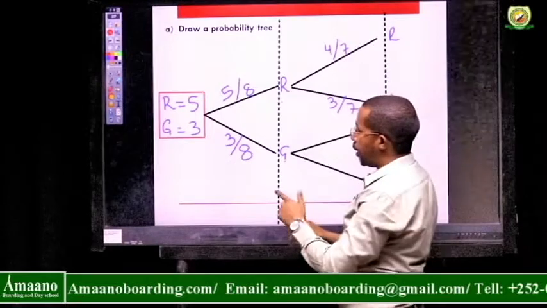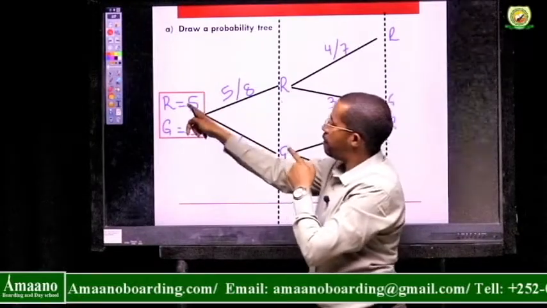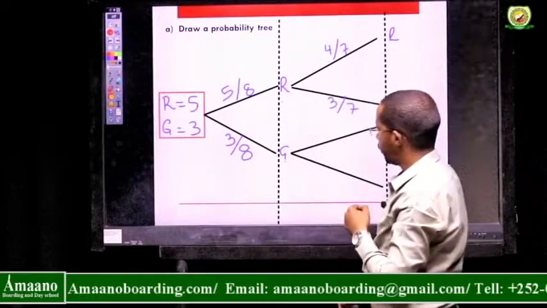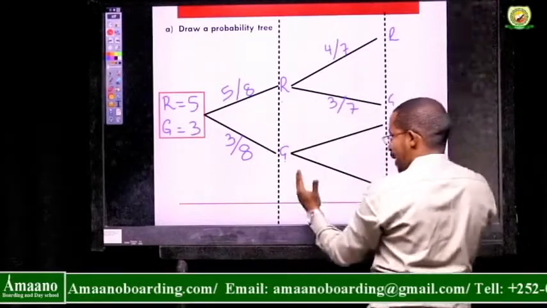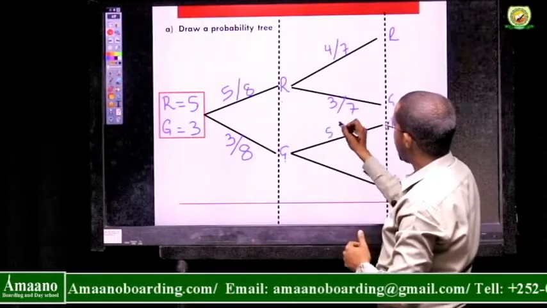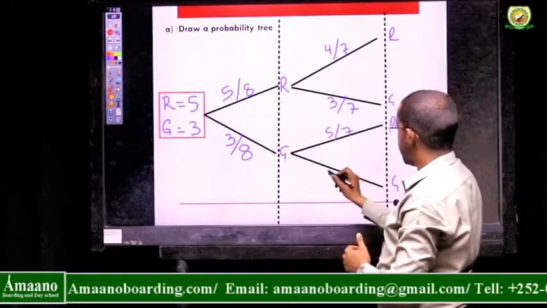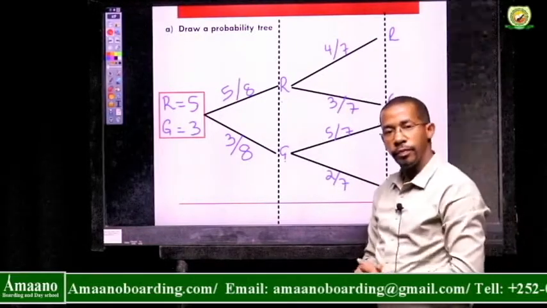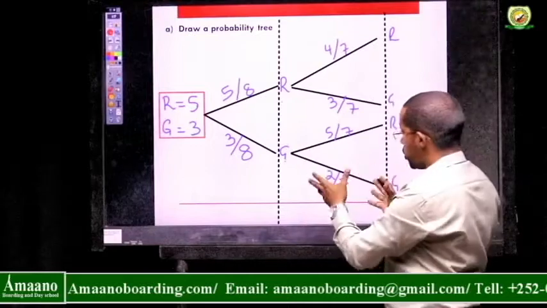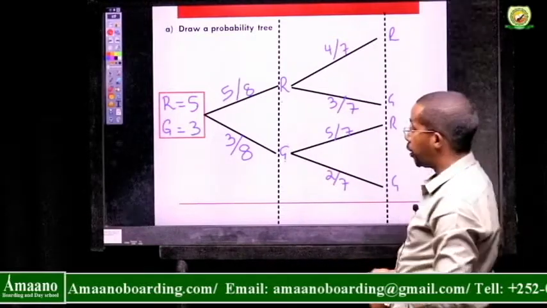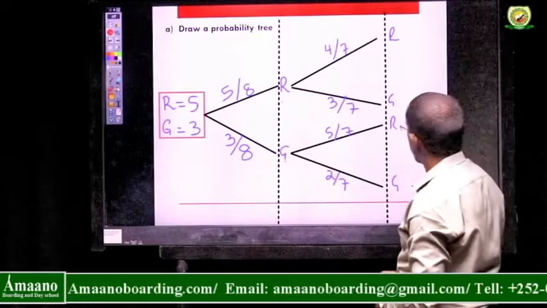So that means that you have 5 reds and 2 greens. So when I'm drawing the second time here, this probability will be 5 over 7 and this will be 2 over 7. So this is how you deal with problems involving no replacement.